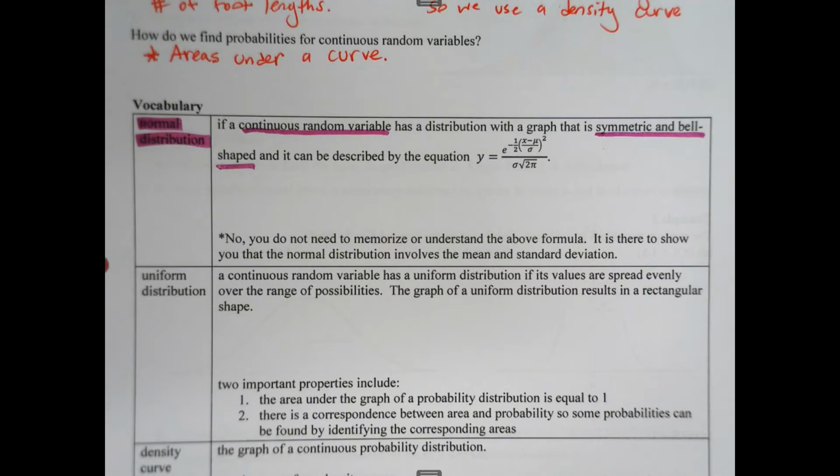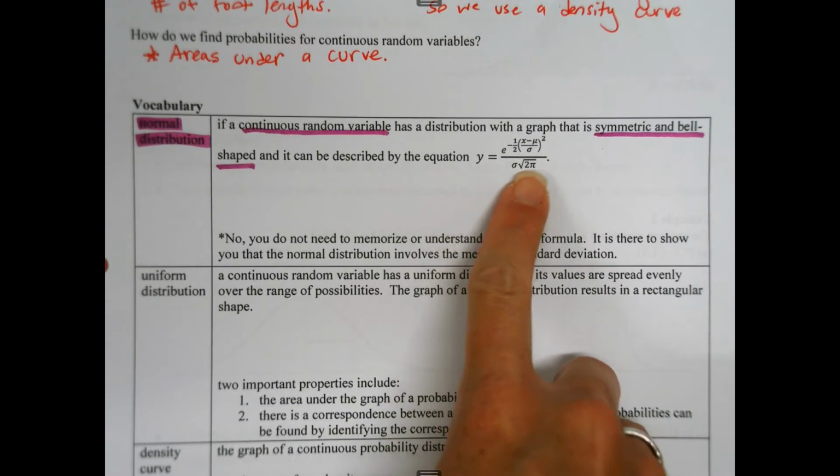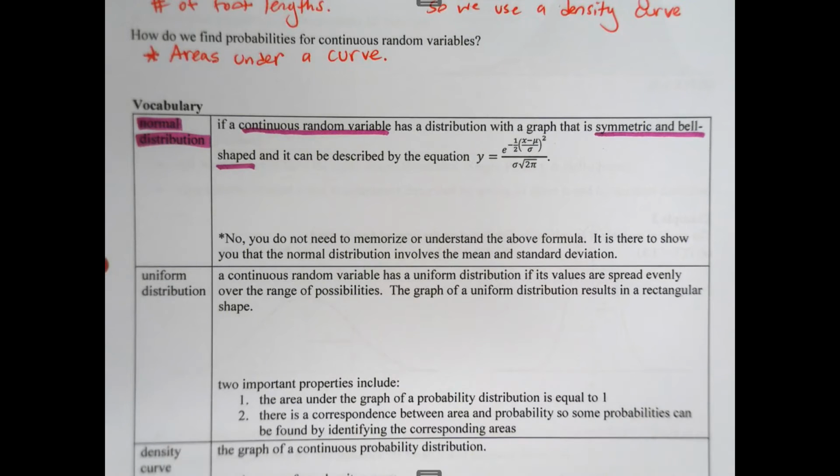Now, we don't need to memorize the equation. We don't need to even know the equation. I'm just showing it to you so that you know that it talks about dealing with mean and standard deviation. So mean and standard deviation are going to be important here.